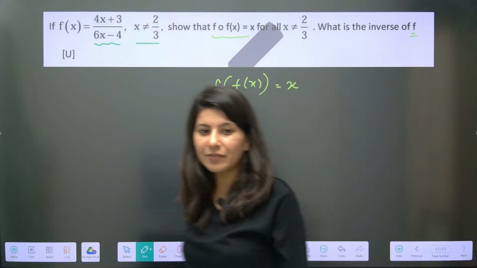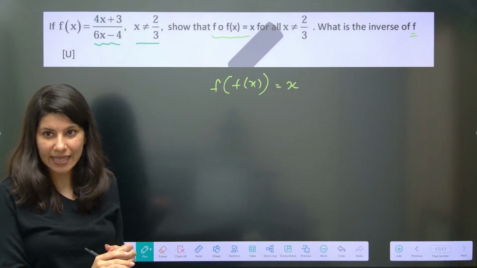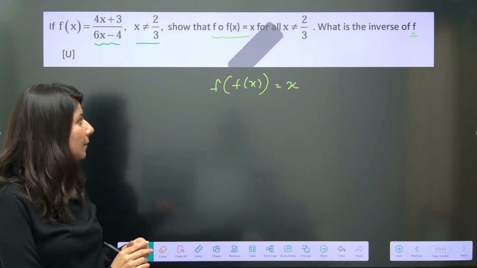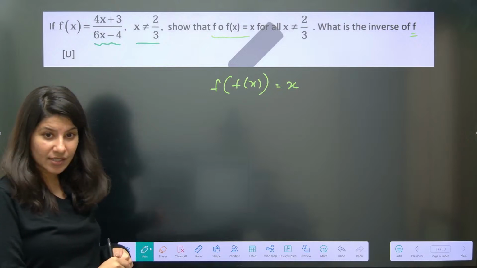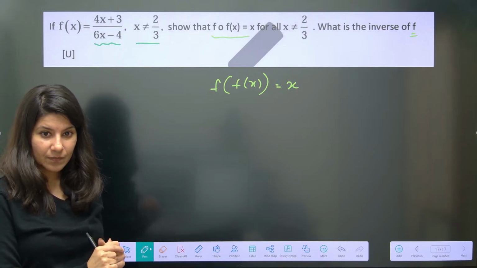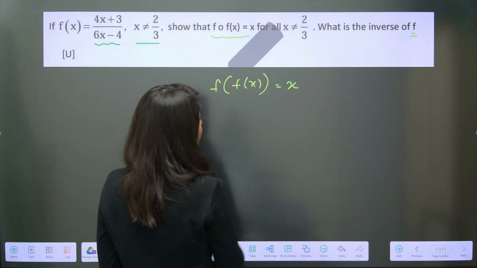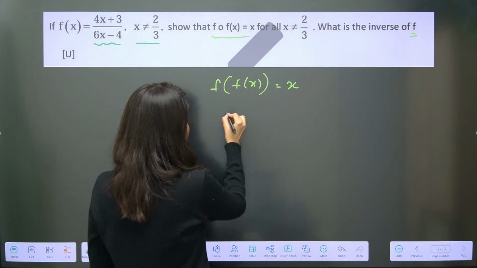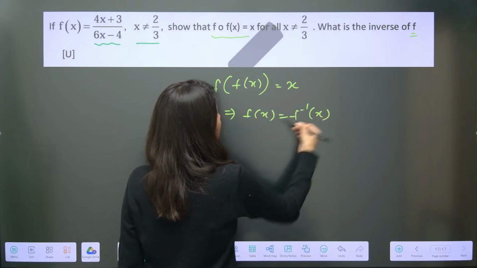First of all, we need to talk about the composite function. F of x, we need to show that this is x, and we need to calculate the inverse. Whenever you see f of x is x, that simply means that fx and f inverse x are equal.